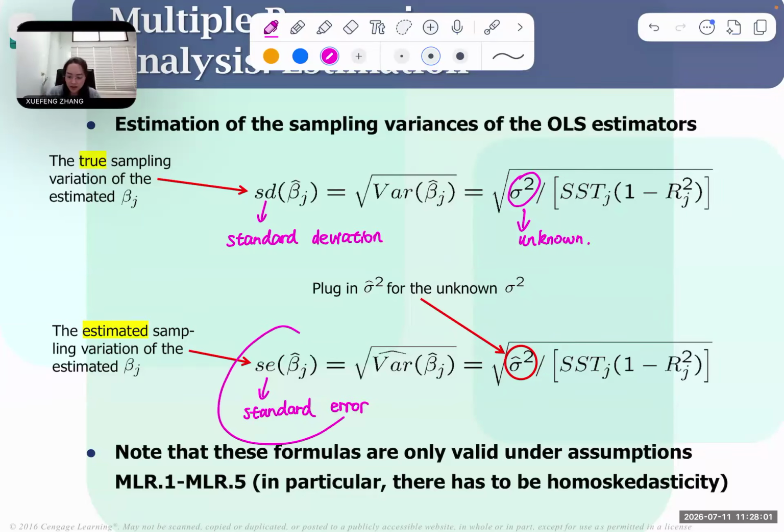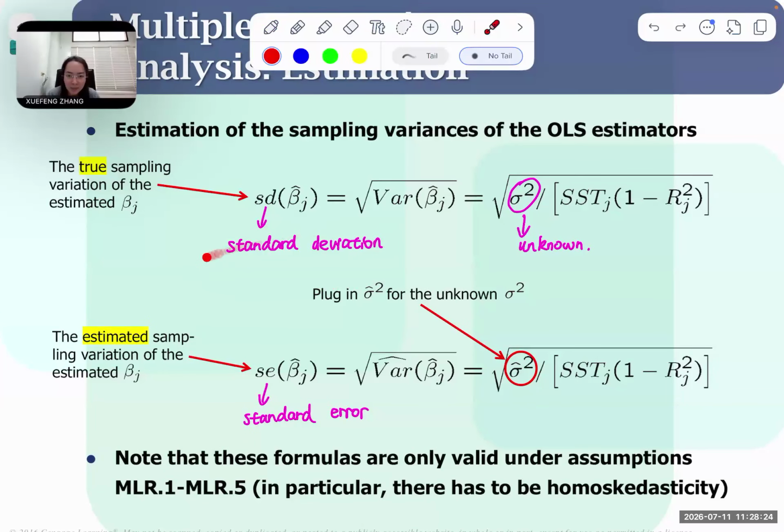This is the number that R will actually report in your regression output. It's our best real-world estimate of how much beta j hat would bounce around across different samples. Let me help you with the vocabulary.